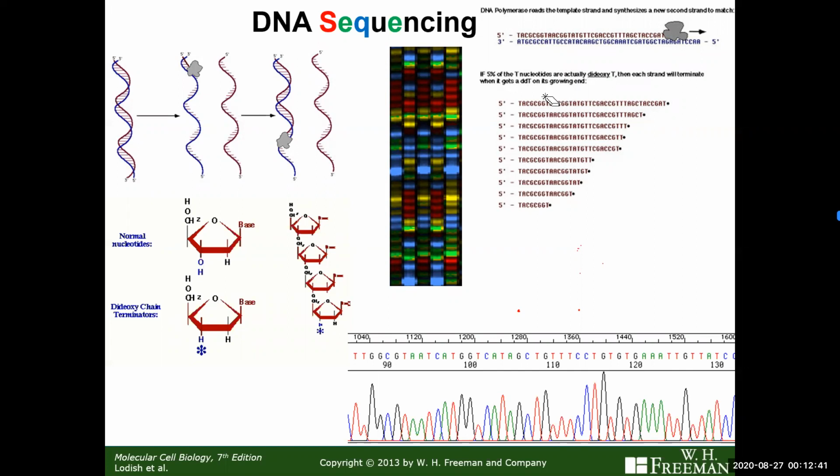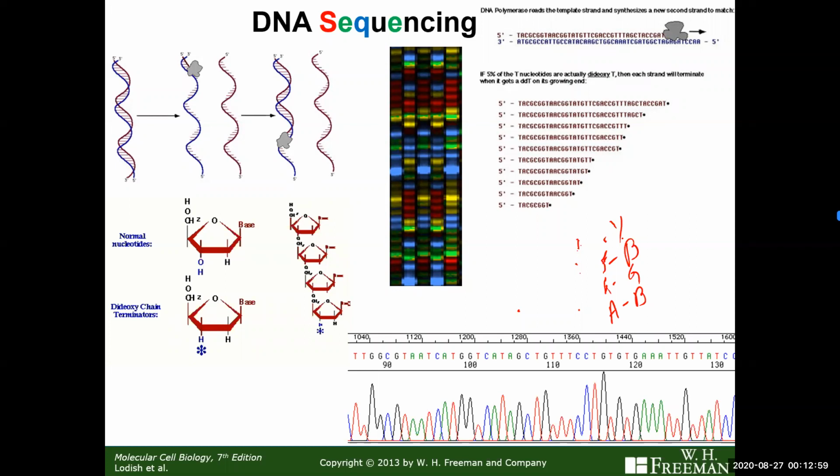I still remember that A would be in blue, G would be in green, T would be in black, and C would be in yellow, something like that. So these are 4 different kinds of fluorescence.